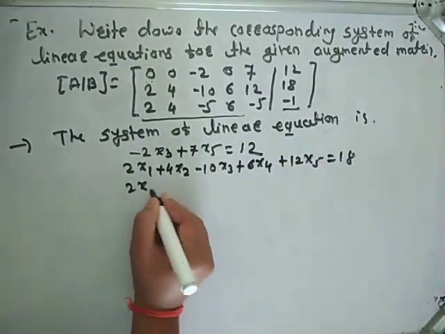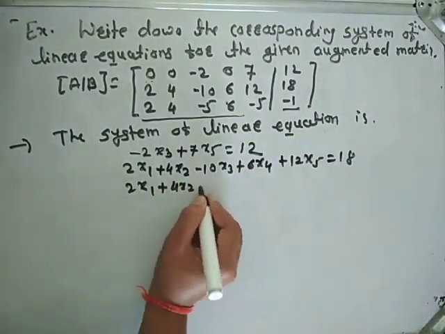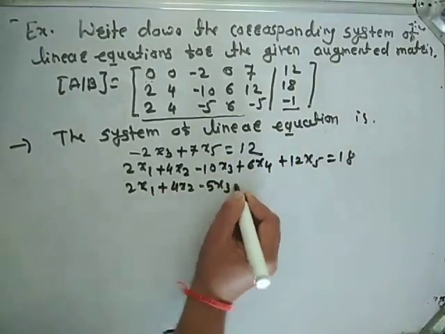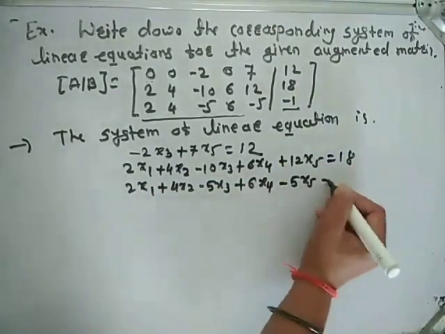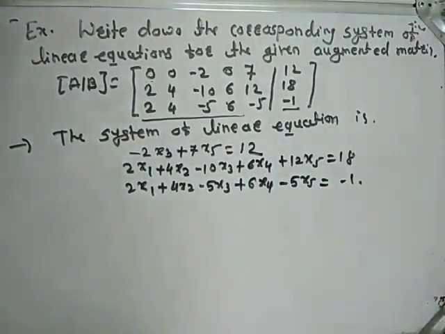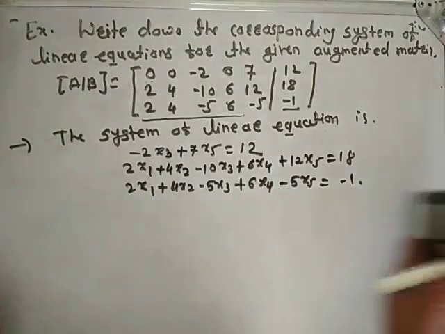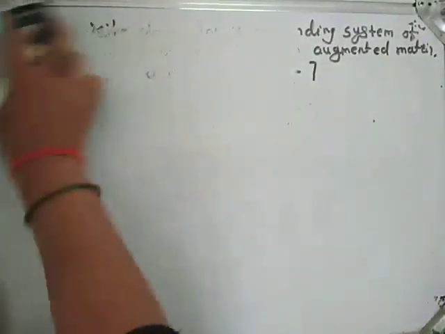And the last is 2x1 plus 4x2 minus 5x3 plus 6x4 minus 5x5 is equal to minus 1. This is the system of linear equations of the given augmented matrix.